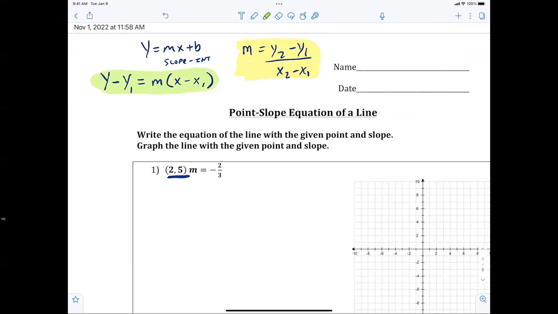What's the difference between the two, besides the 2's and the 1's? Well, for the one, you have it multiplied. That's exactly right. Very smart. All you're doing is multiplying both sides by x2 minus x1.